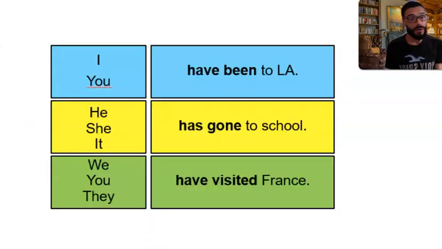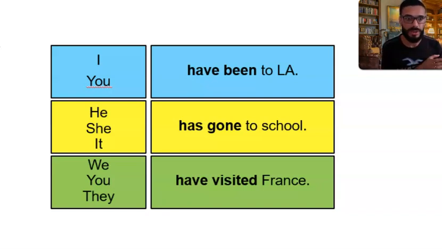Look now at this board, we have the pronouns I and you. When the pronoun is I or you, we have the form have plus participle of be, been. When it comes to he, she, and it, the three pronouns which refer to the third singular person, we use the verb form has, plus participle.